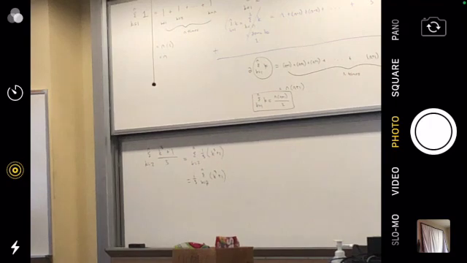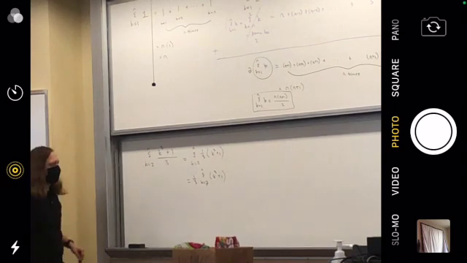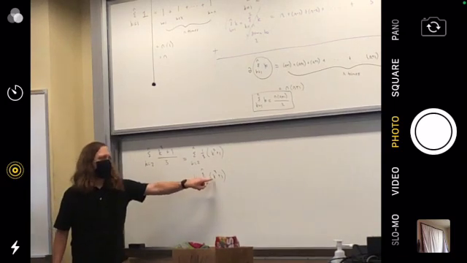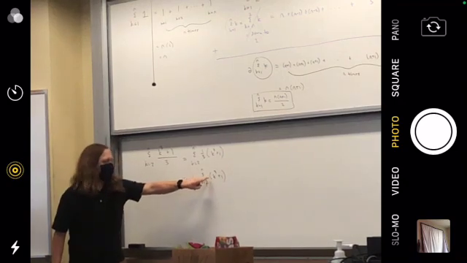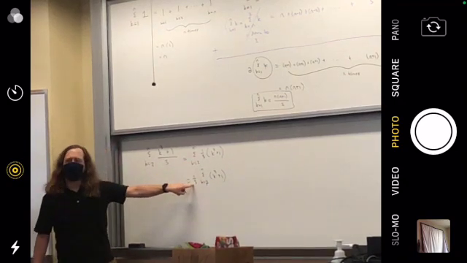Does it make sense? If every term has the same constant in it, you can factor it out, right? The big thing is I can't factor out anything with k, because k is changing on every one of these. But just a number like 1/3, I can move it outside the sum.